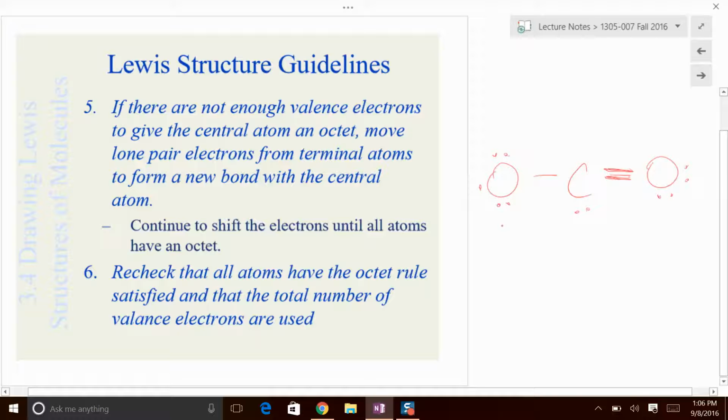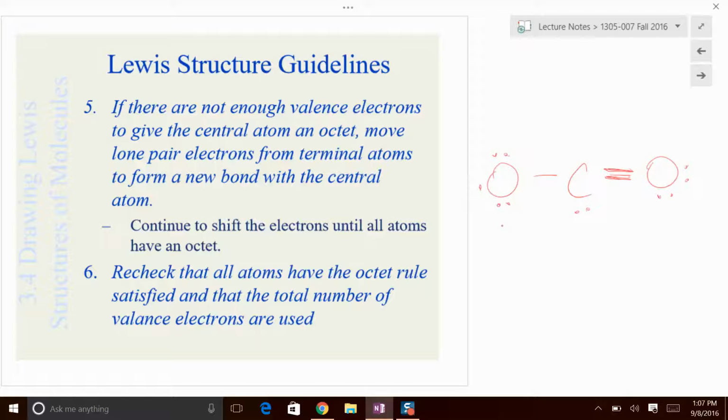Now how many electrons are on that far oxygen? 8. And on the carbon? 8. So I have 8 on each. That's what I want. Everything is following the rule of 8. It has to. If it's not, you're doing something wrong.